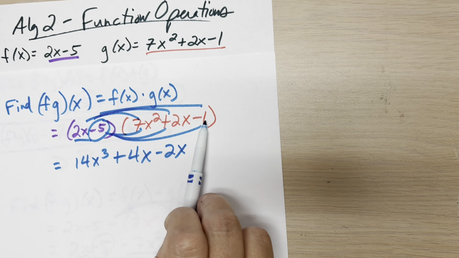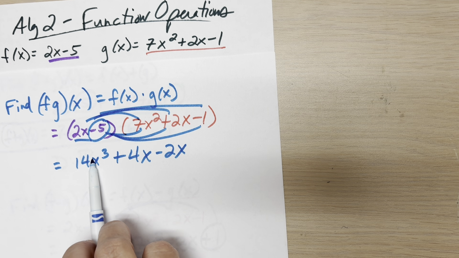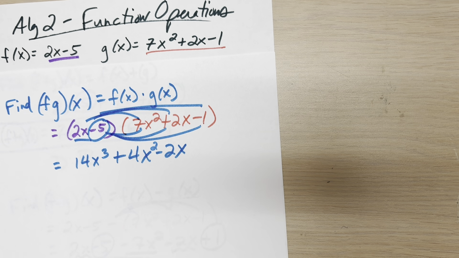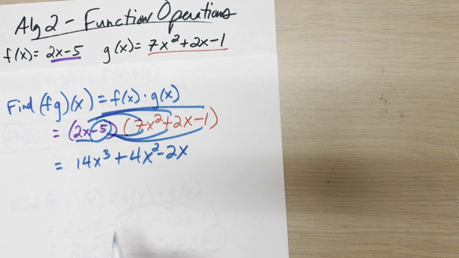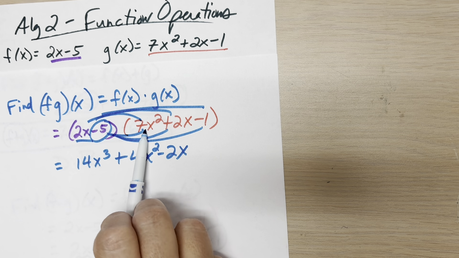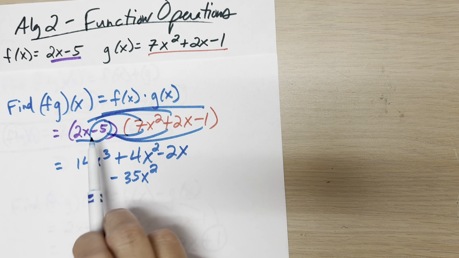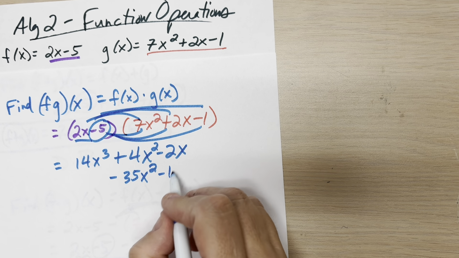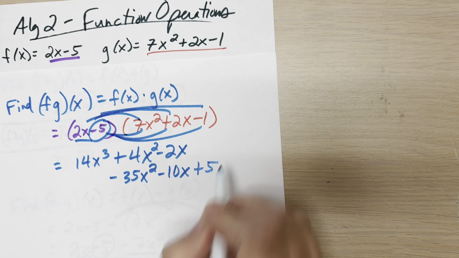When I write my answers for these, I'm going to be aligning things vertically. Ooh, and I'm looking at this real quick. I forgot to write my squared there. Okay, so let me just make sure this is good. We're good. Okay, -5 times 7x squared, -35x squared. -5 times 2x is -10x. -5 times -1 is +5.